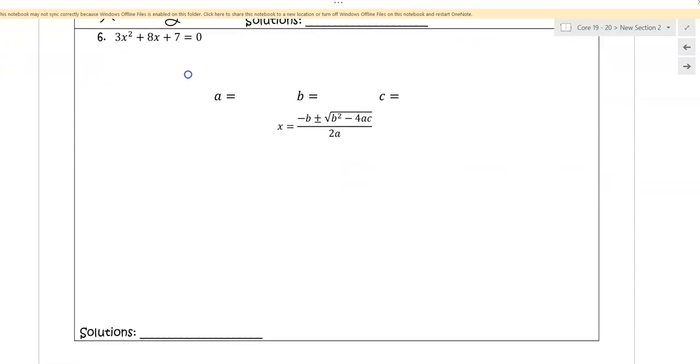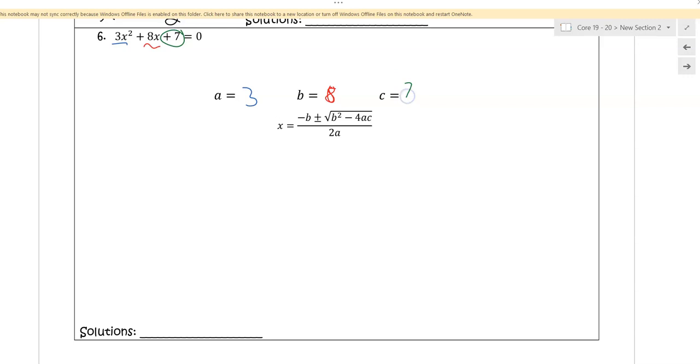Looking at our next one, right, it is already in the correct form. So our a is 3 in this case, our b is 8, and our c is 7. So we get x equals the opposite, parentheses, plus or minus the square root of parentheses squared.